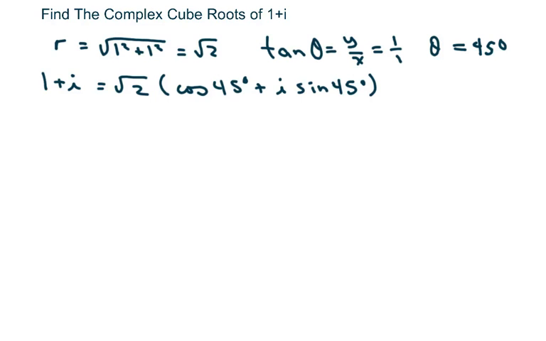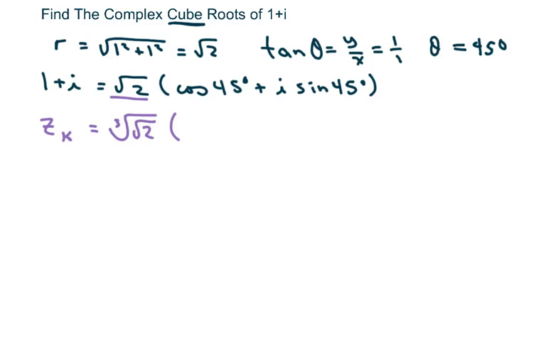Now I have to write the 3 complex cube roots, because we're doing cubes, so we have to write 3 of them. My general form is z sub k, and you do the cube root of whatever this is, so it's the cube root of the square root of 2.